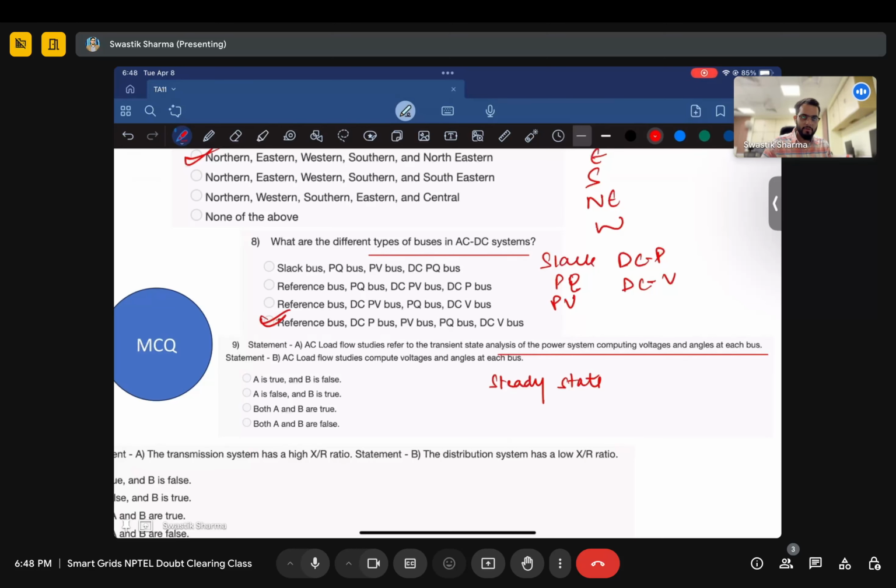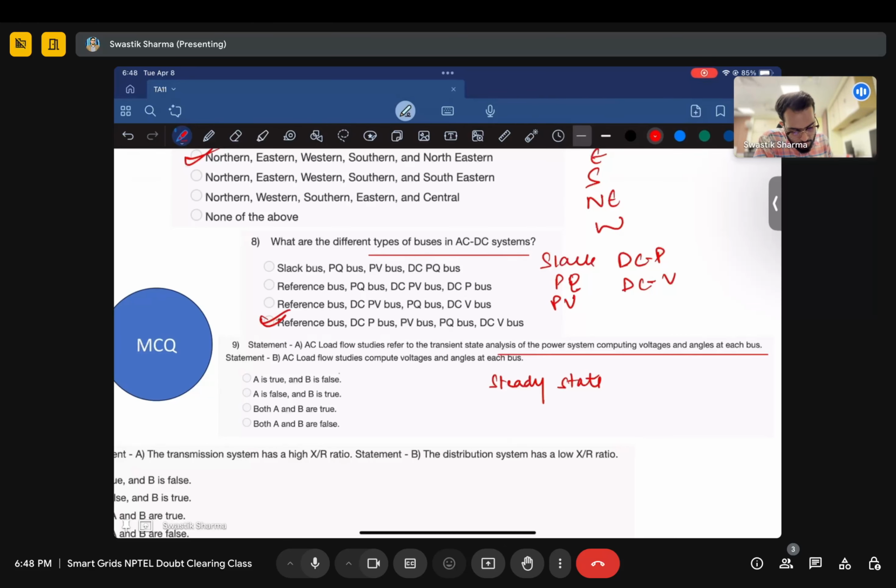You take the power flow value, the Q value, PQ values or PV values, whatever are given, but you take steady state values. You don't take transient values because it's not a transient state analysis. Because in transient state analysis, the voltages and the fluctuations are very high. So if the fluctuations are very high, you can't use that to compute voltages and angle, right?